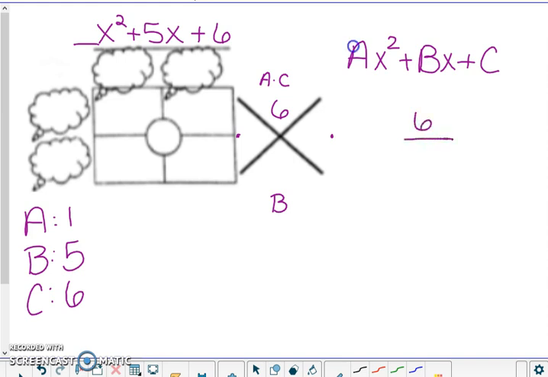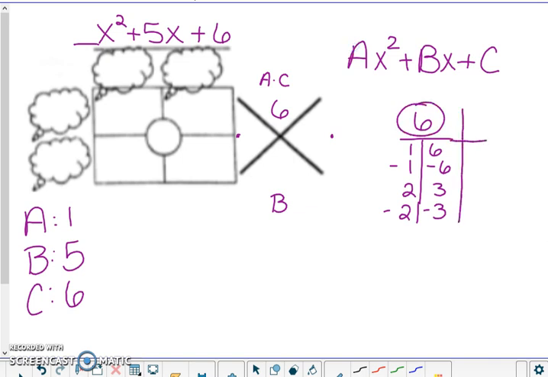We have 6, and we're going to make a list. 6 can be accomplished by having 1 times 6, and it can also be negative 1 times negative 6. And we can have 2 times 3 and negative 2 and negative 3. Because a negative times a negative is a positive, and we have a positive AC. This number is positive. And we're going to make a third column, and we're going to say what they add up to.